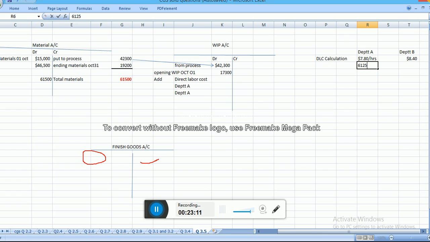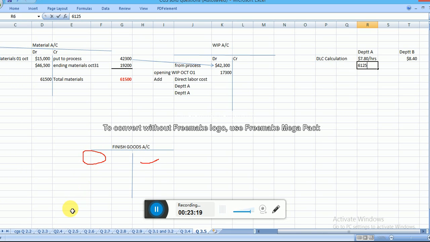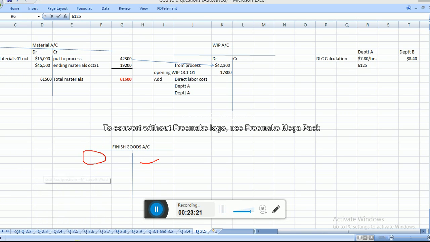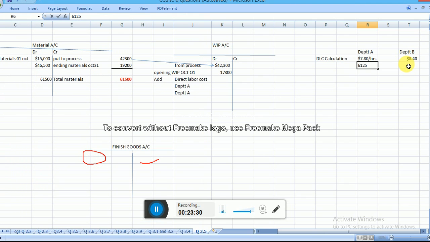Number of hours are given, per hour rate is given.